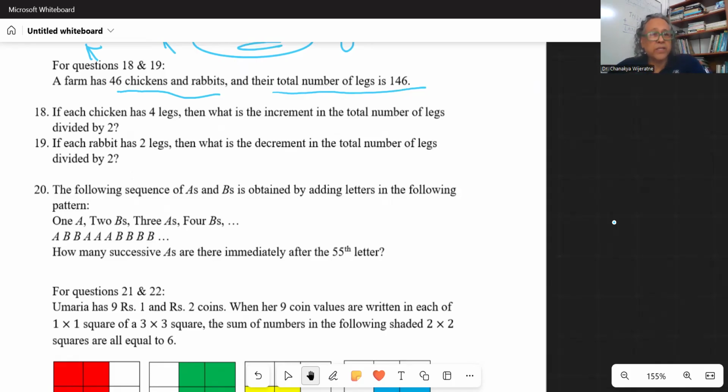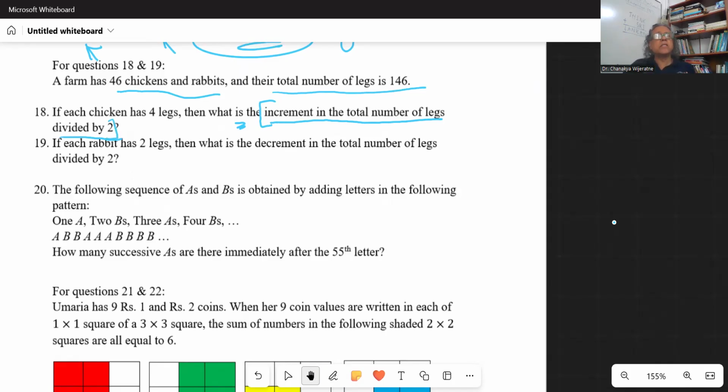Suppose each chicken has 4 legs. Then what is the increment? It is the increment in the total number of legs divided by 2. So this comes together, right?